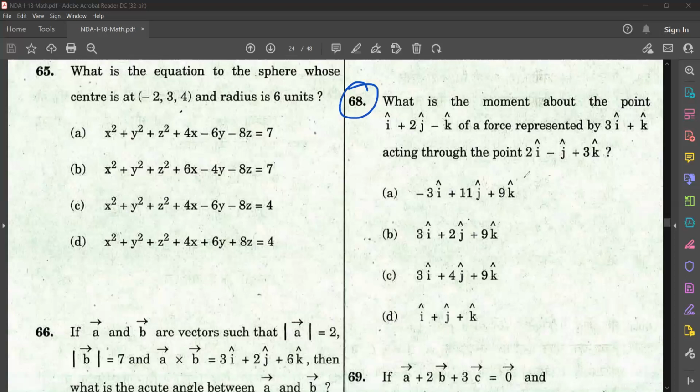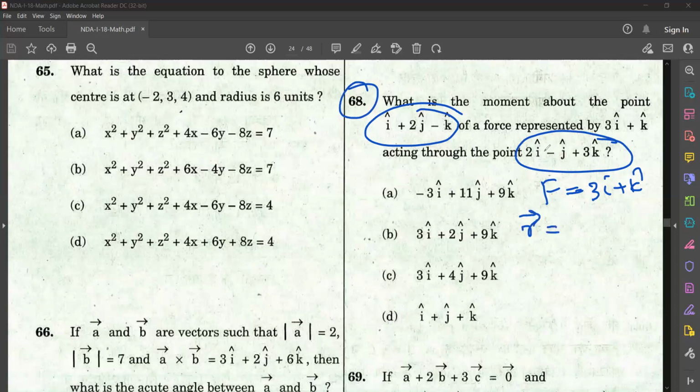So listen, here f is given as 3i + k cap. Now, to find the moment about the point, can we find the position vector r? The r vector is the final vector minus the initial vector.